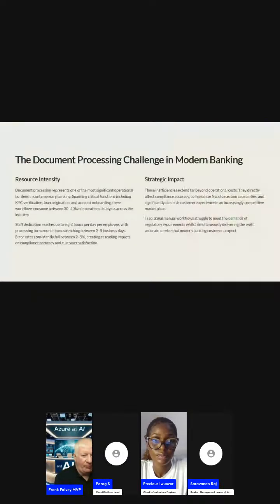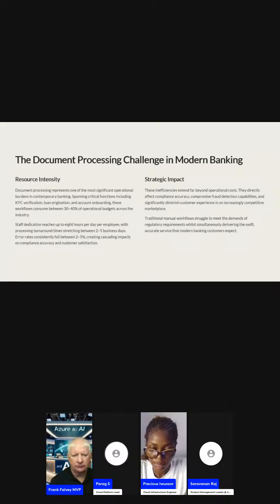Usually when you say document processing for banking, when you go to the bank, whether to open an account or take a loan, as a customer you have to submit so many documents with respect to KYC, different aspects of your pay slips, bank statements, etc. And that's how it goes to the team in the bank.